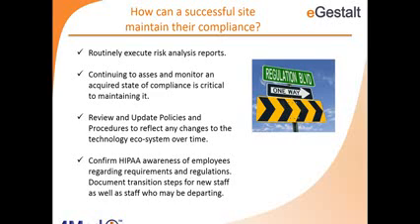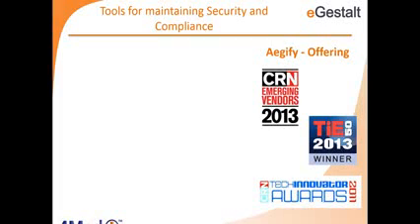That's key to preventing any breaches, but also to passing any audits that might happen, because you need to ensure that the steps required towards compliance, in terms of assessment and maintaining it, are done on a regular basis.